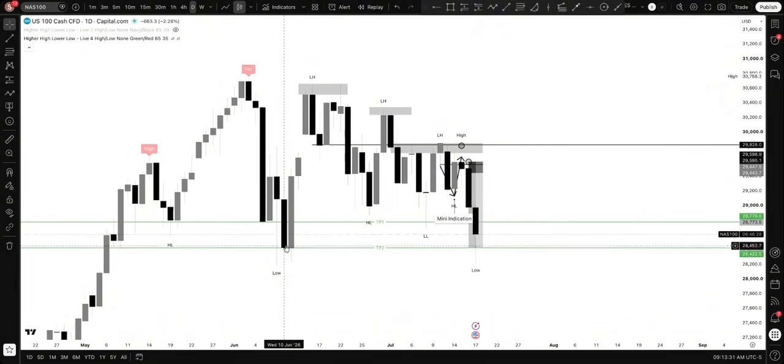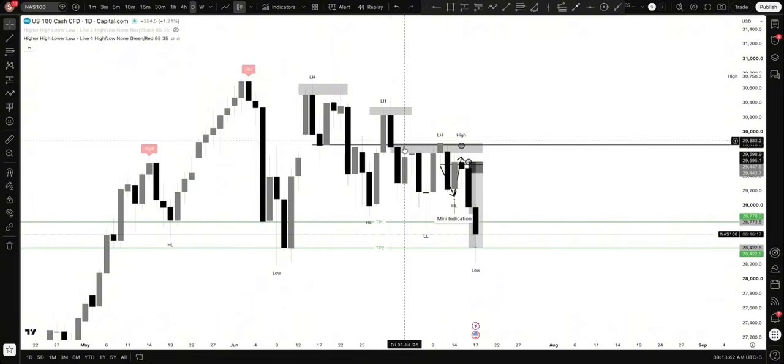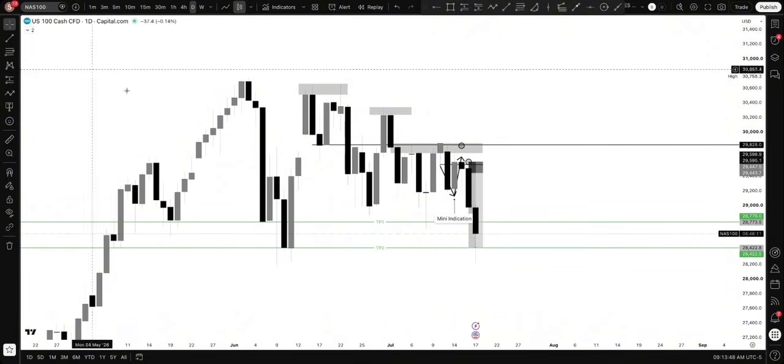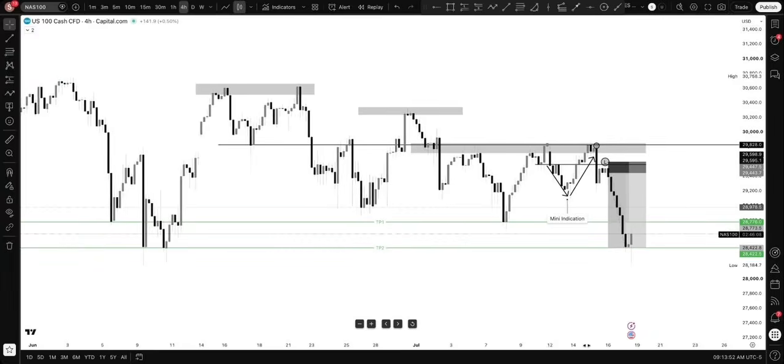Once I got that on my daily, I knew that the remainder of my trades were going to be bearish and that we were trying to get all the way down to this level. Lower low, lower high, higher low, lower high, lower low, lower high, lower low. Again, you could see it a lot clearer on the 4 hour.